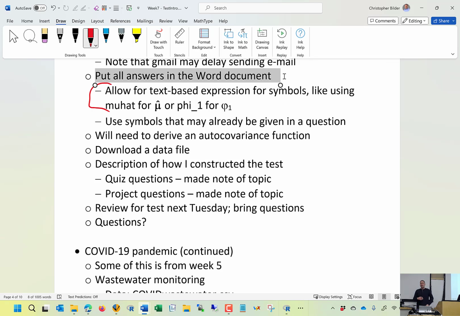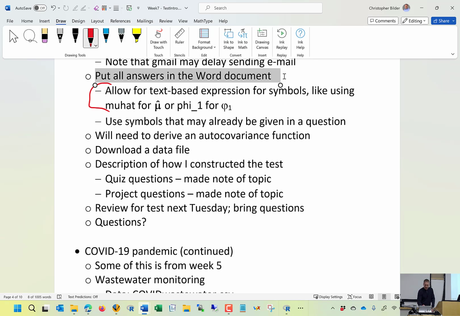Now, obviously we deal with various mathematical equations in our class. For the projects, I've said that you need to use the correct notation when you write out a model. For tests, because of the time constraints and because I know that some students are not as comfortable with the equation editor as I am, I'm okay if you use a text-based equivalent of an equation.